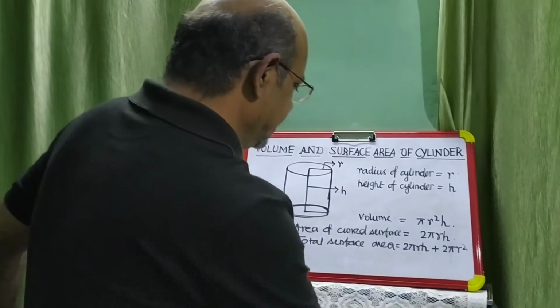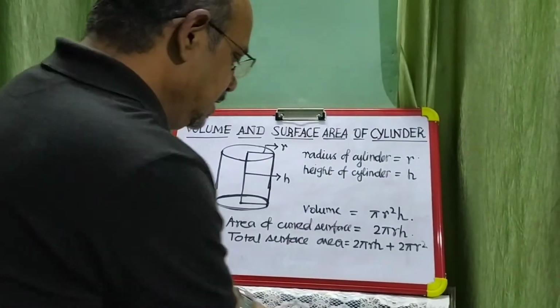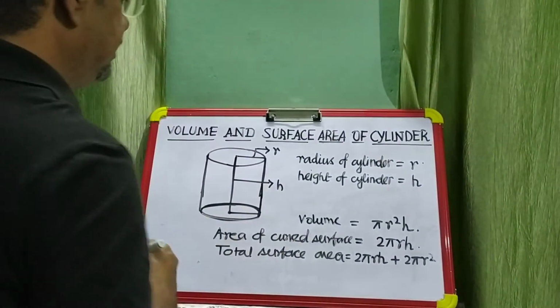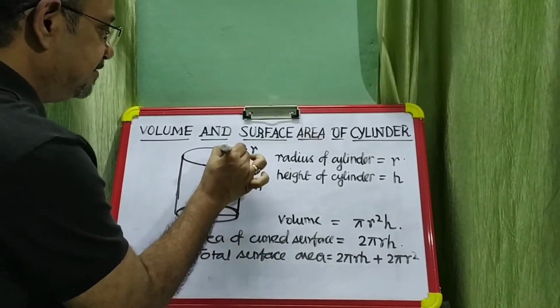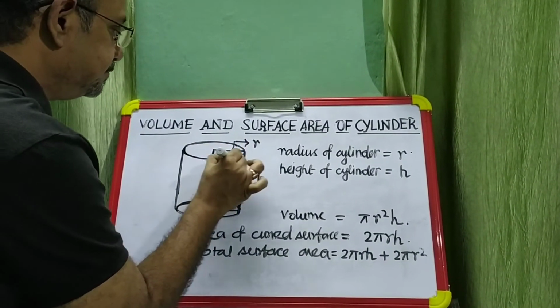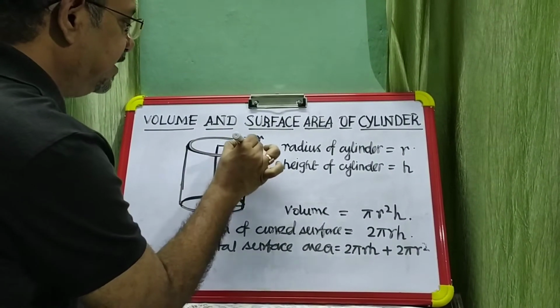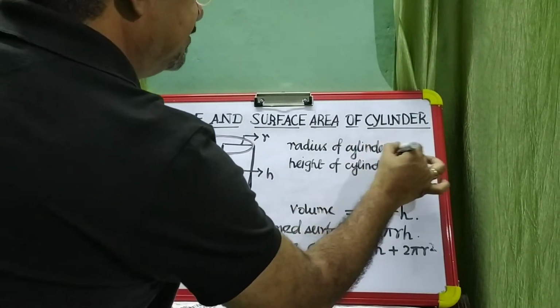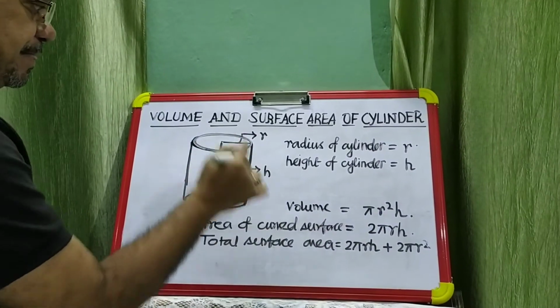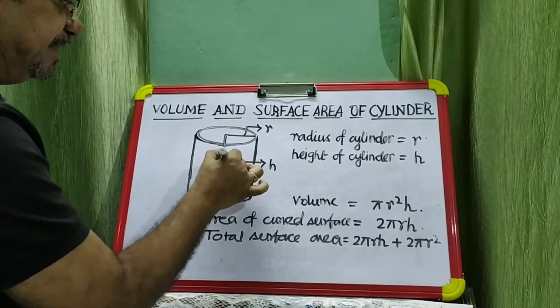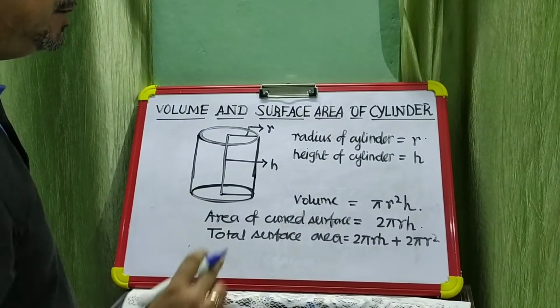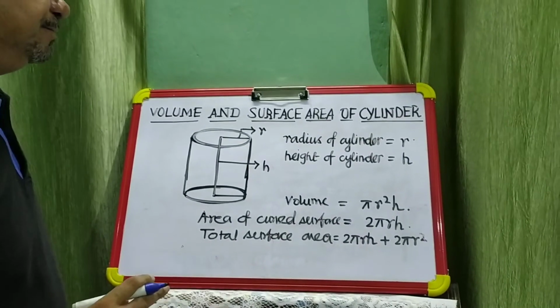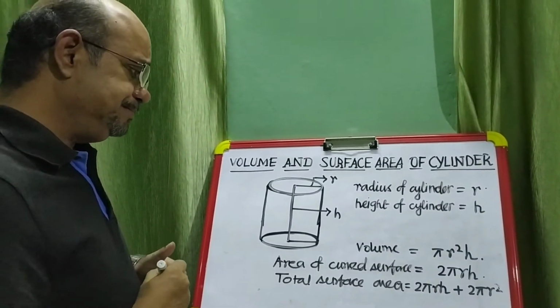Here I have drawn a cylindrical shaped object. A cylindrical shaped object can be defined with 2 parameters. The radius of the circular portion is r, radius of the cylinder we call it r, and the height of the cylinder is h.